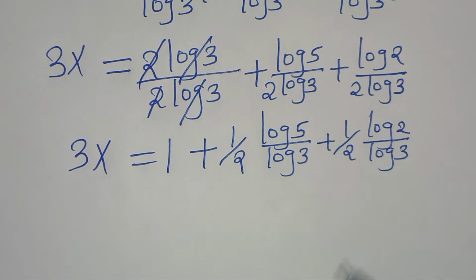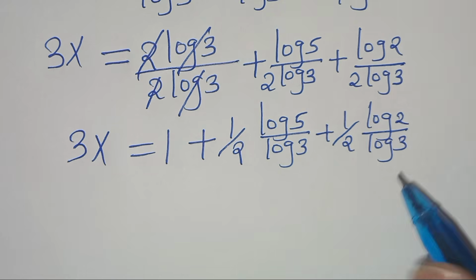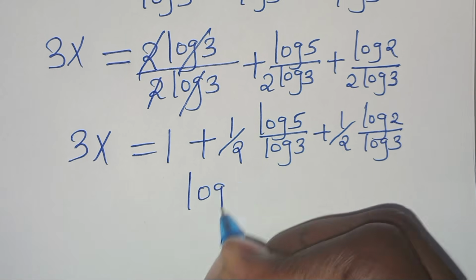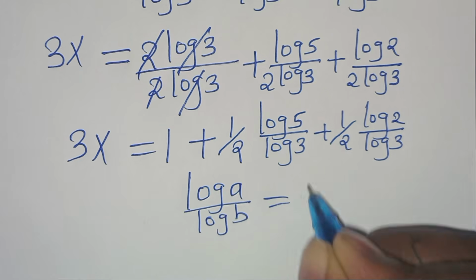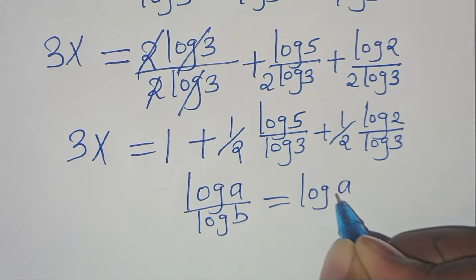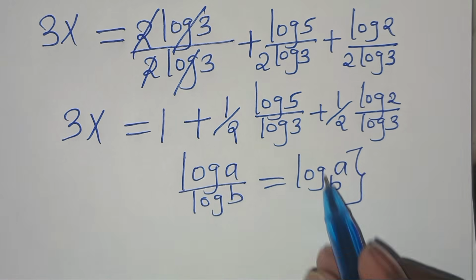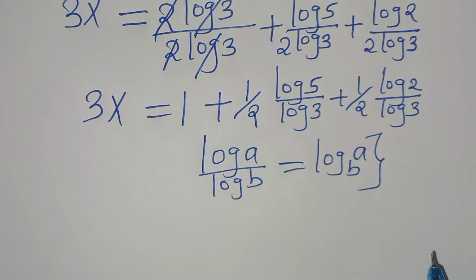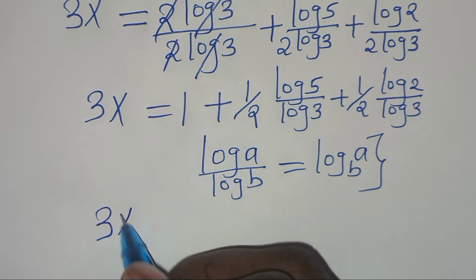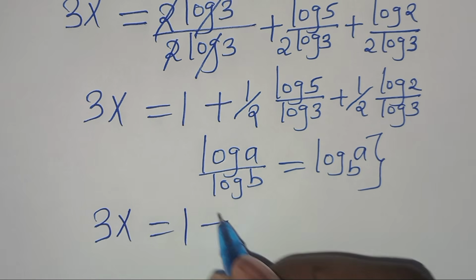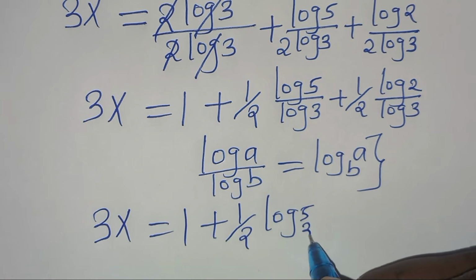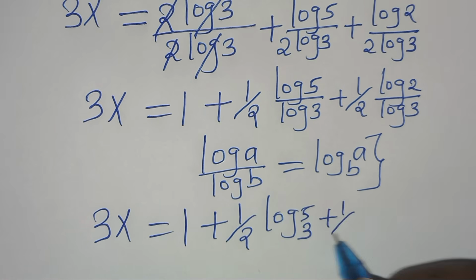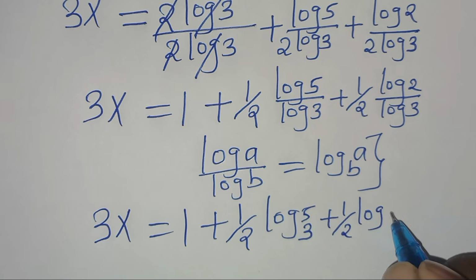Now, the next step is that log 5 over log 3 is in the form of log a divided by log b, which we can express as log a to base b. Applying this property, we have 3x equal to 1 plus a half log 5 to base 3, then plus a half log 2 to base 3.